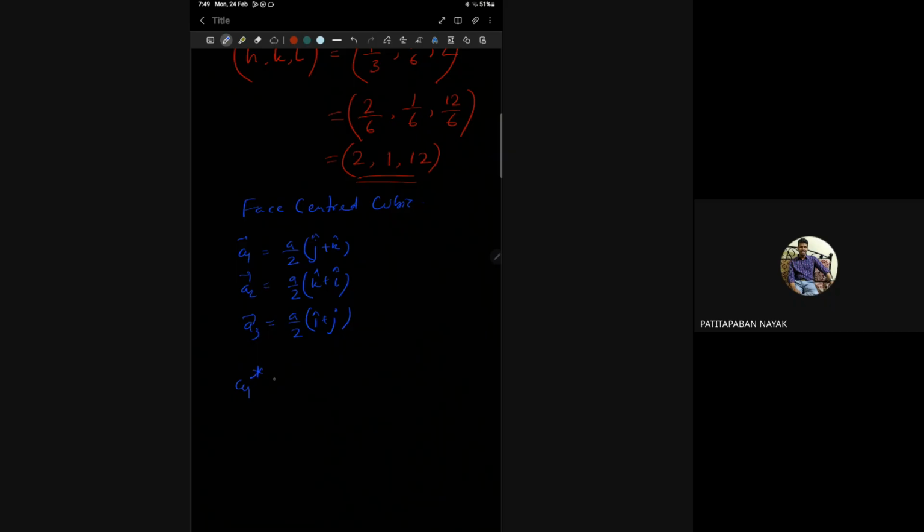A1 star will be equal to some constant C times A2 cross A3 by A1 dot A2 cross A3. Now, first I have to find out what A2 cross A3 is.